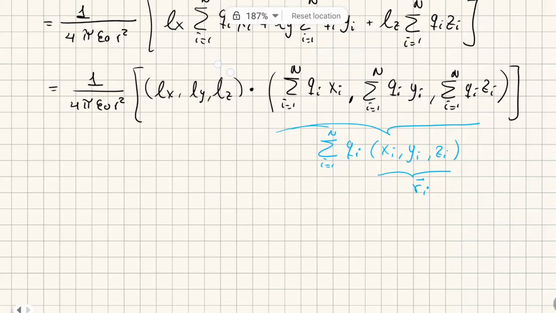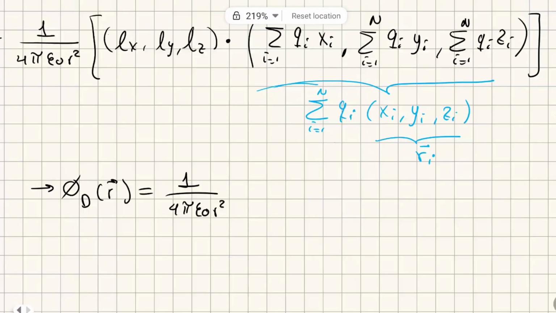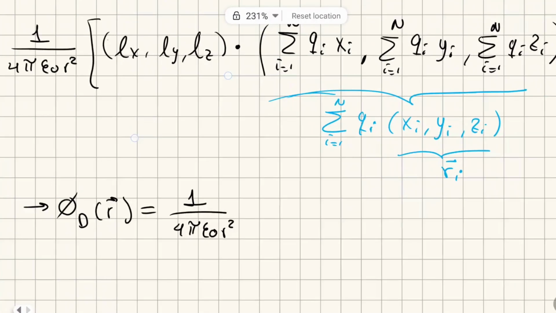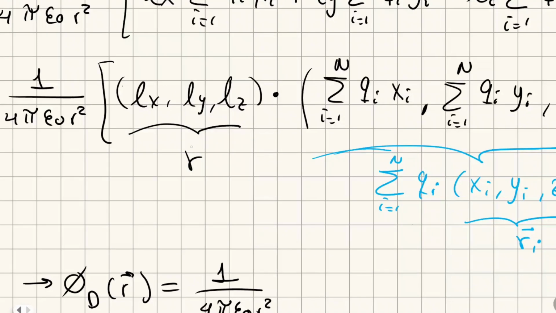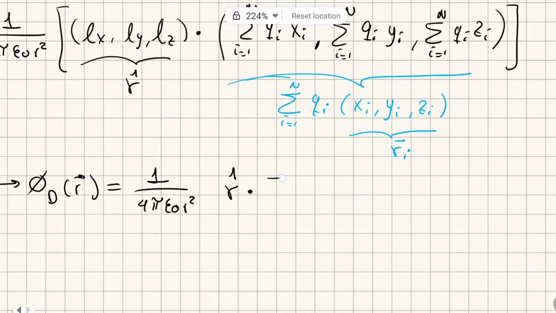So that means that we can see the dipole term of the electric potential as 1 over 4 pi epsilon 0 r squared, and then, well, we saw that this is the unit vector r. So this is going to be r dot the sum from i equals 1 up to n of qi ri. Okay, perfect.